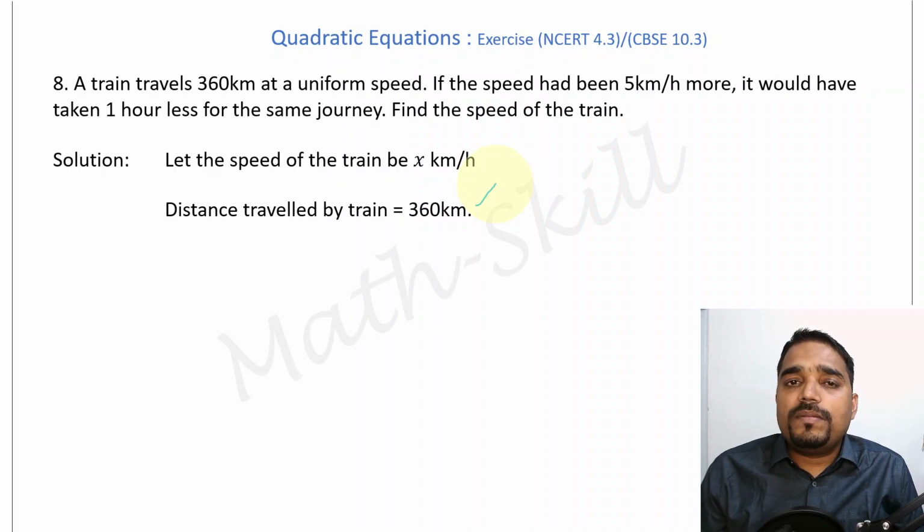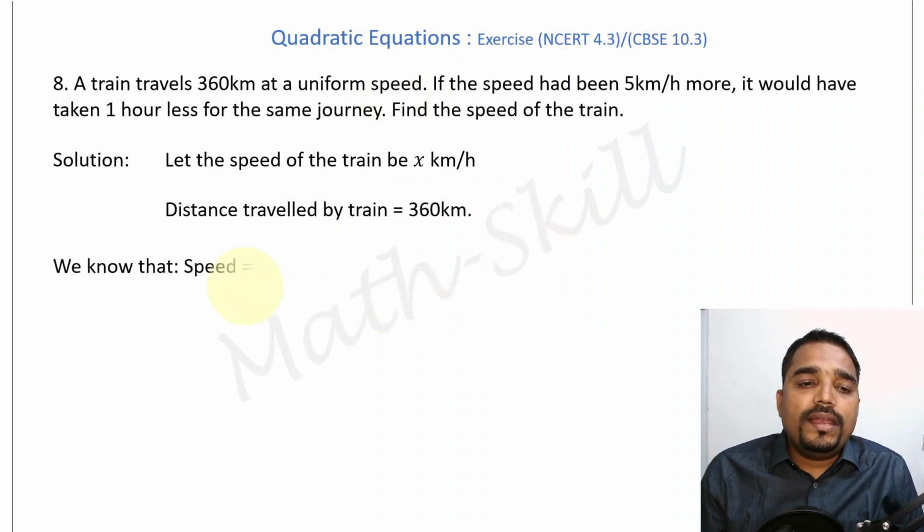We know a formula in physics which relates speed, distance and time: speed is equal to distance by time. Also, since the condition is given in terms of time, that is, the train will take 1 hour less time to complete the same journey, let us swap the terms of time and speed, wherein time is equal to distance by speed.